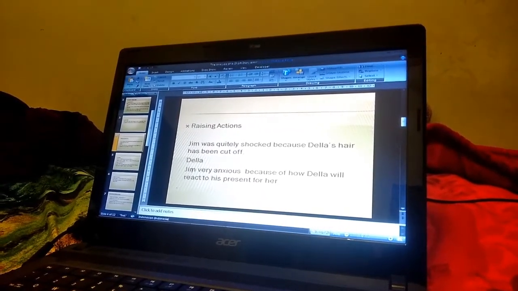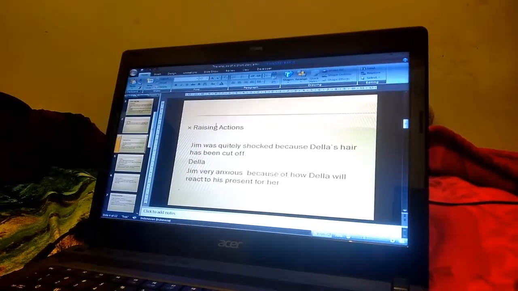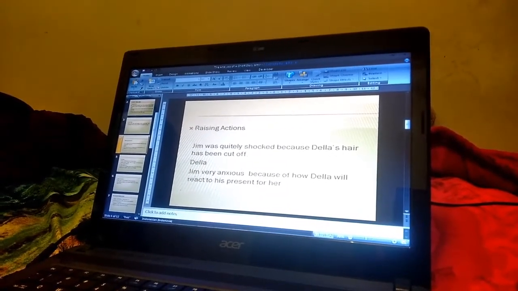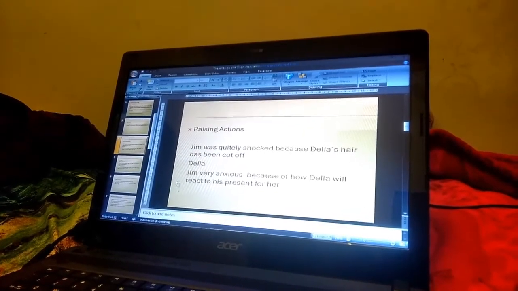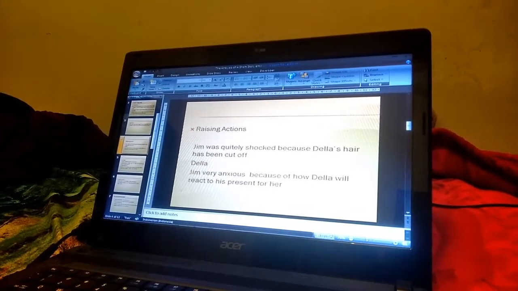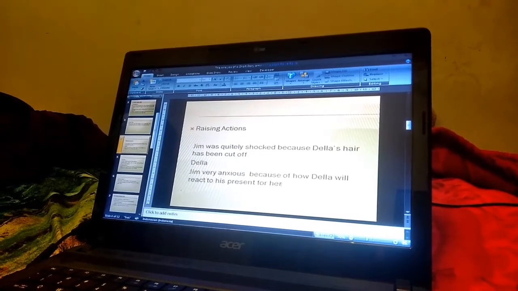So this rising action also tells us Jim is very anxious about how Della will react to his present for her.